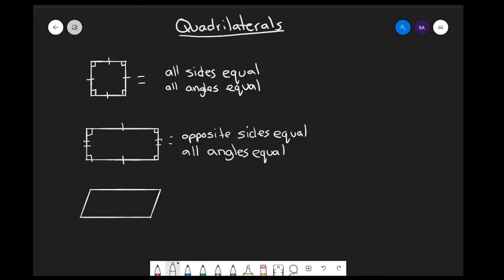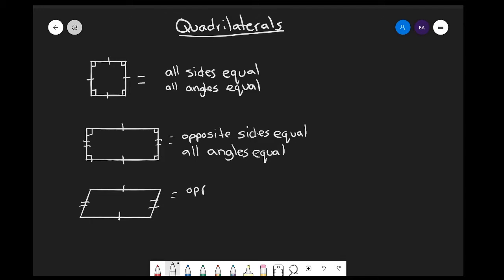And it looks a little bit like I took this corner of my rectangle and given it a tug and pulled the whole thing so it's on a bit of a slant. So kind of like our rectangle, my opposite sides are the same. So this and this side are the same length, and this side are the same length.